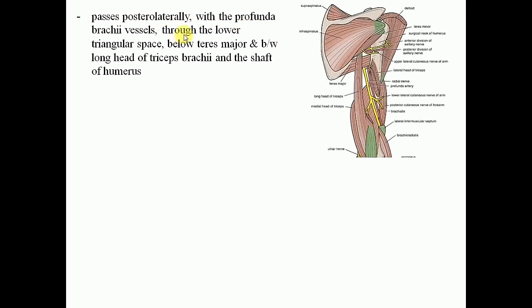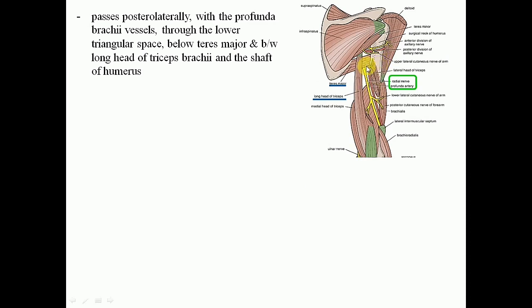Then the radial nerve, after exiting the axilla, passes posterolaterally along with the profunda brachii vessels through the lower triangular space below the teres major muscle, between the long head of the triceps and the shaft of the humerus.